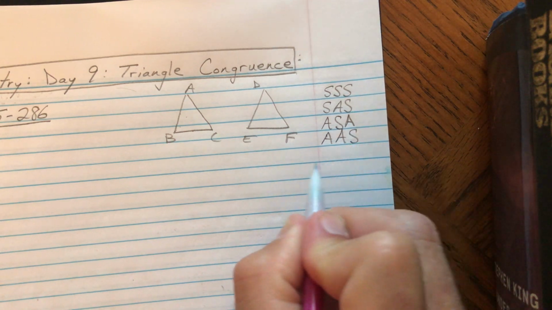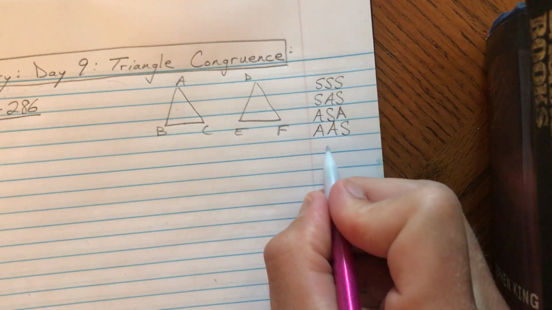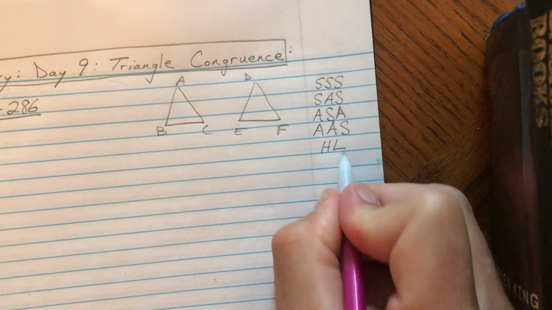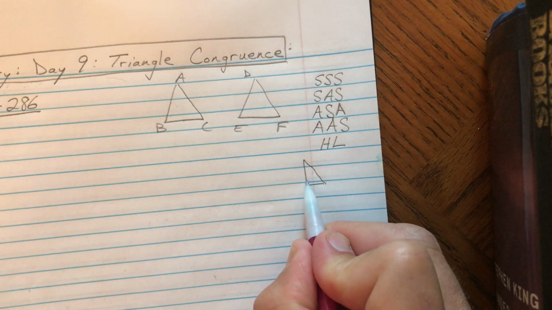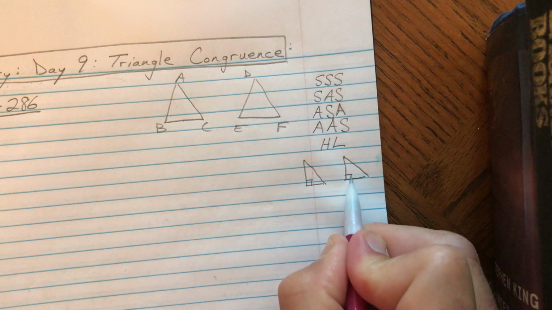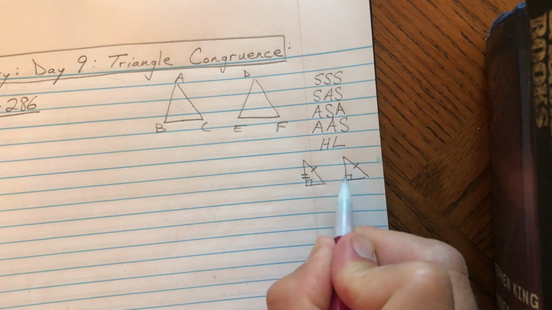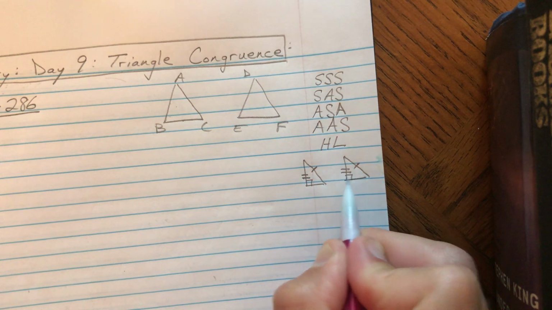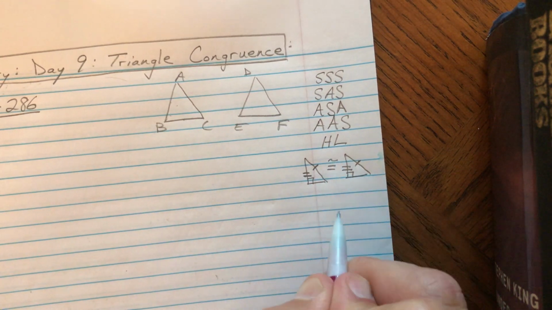Angle, angle, side refers to 2 angles and a side across from one of the angles, and the last one is called hypotenuse leg. Basically, if you have 2 right triangles and their hypotenuses are congruent and one of their corresponding legs are congruent, then the triangles are congruent.